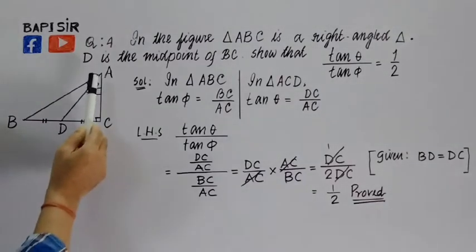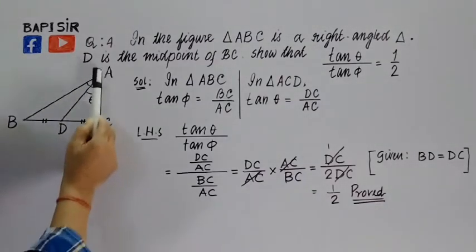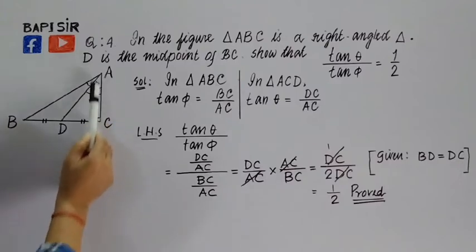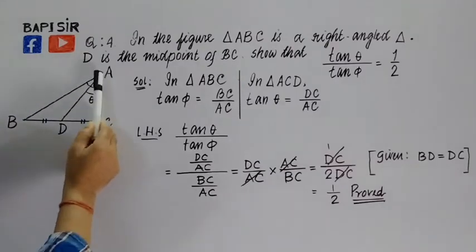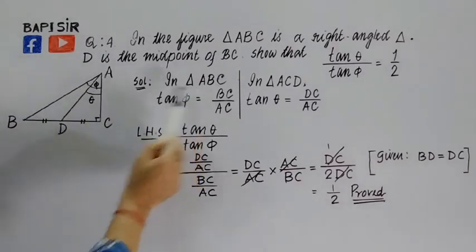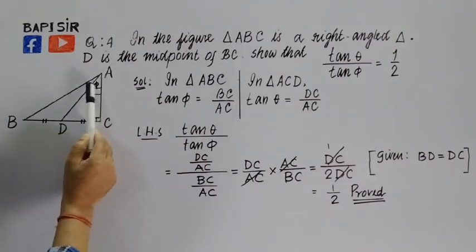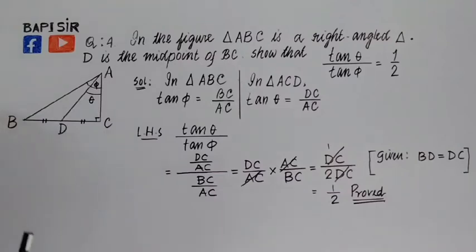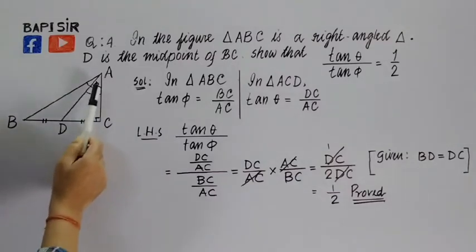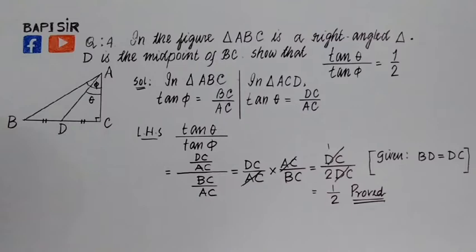First you take this triangle ABC, because it is a right angle triangle. Now in right angle triangle ABC, tan phi, tan of this angle, this is the angle of reference, and you all know that the opposite side to the angle of reference is always perpendicular.